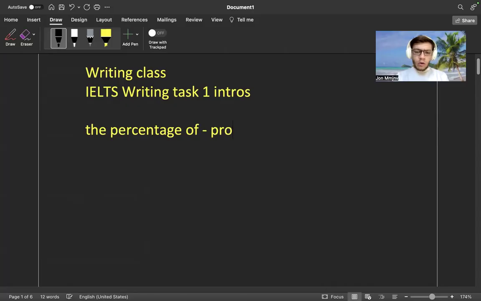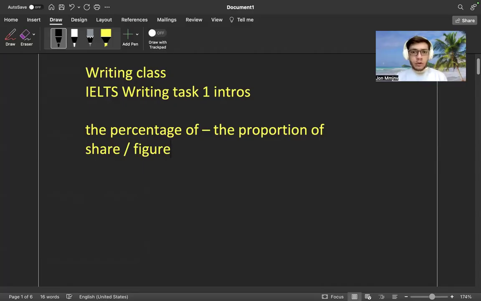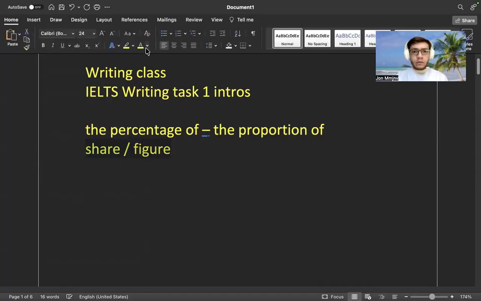This is the only way to paraphrase it. That's all you can do. You can also use share or figure, but they are not recommended for intros, so be careful with those.